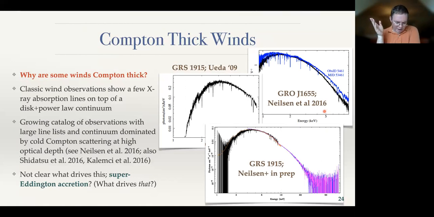We're now seeing a growing number of observations of winds that really look like they belong to Compton thick outflows. These observations have big long line lists, and their spectra are not the classic disk plus power law kind of continuum. They look more like cold Compton scattering with high optical depth.